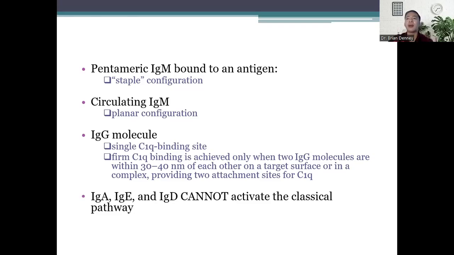And the antigen-antibody complexes will actually cause activation of your C1 complex, because in the first place, your classical pathway is actually antibody dependent. Whereas for your IgG, we need 2 of these molecules. Take note, your IgA, IgE, and IgD cannot activate the classical pathway.